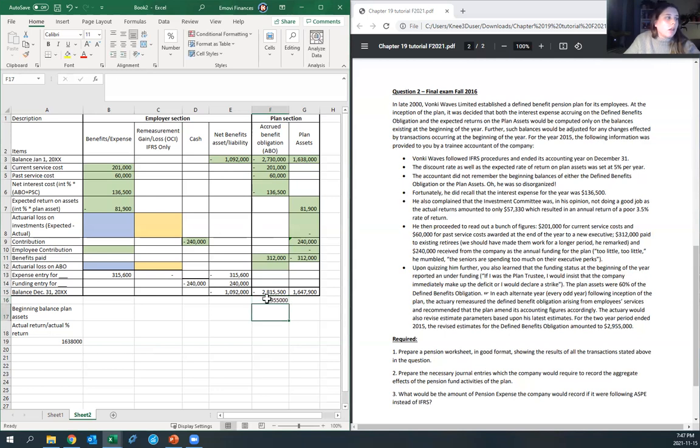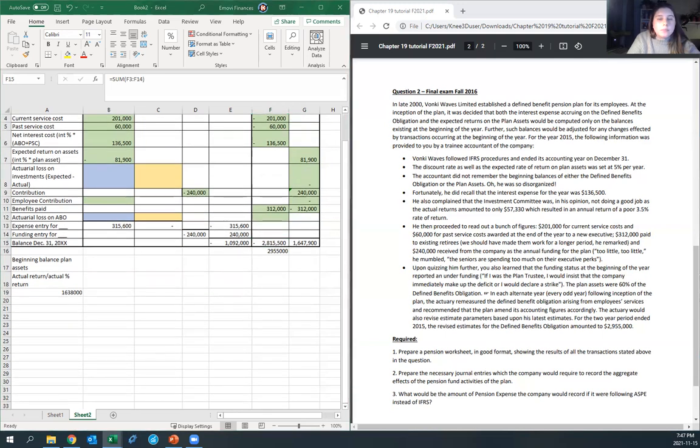So what that means is, your balance at December 31st needs to be $2,955,000. So to do that, we're going to have to increase it by your $2,955,000 minus your balance here, $2,085,000. Oops, no, it's not the right amount.